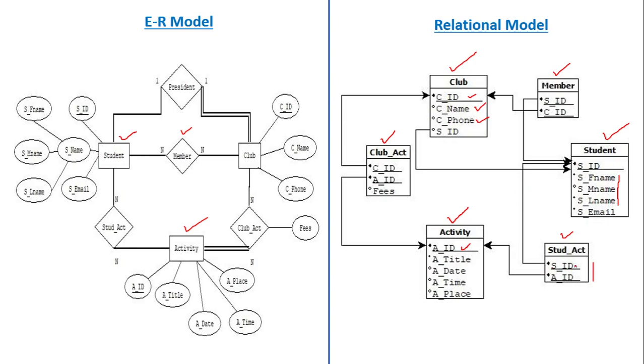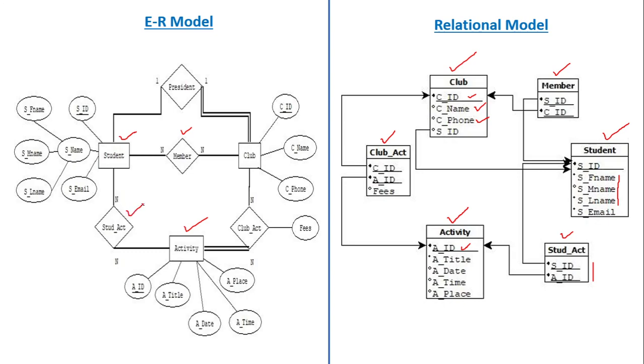This says that this SID is the foreign key and that is borrowed from the student table. Similarly, AID in the stud act relation is the foreign key and that is borrowed from the activity relation. So we are having this link directing from AID of stud act to AID of activity. Okay, now we are done with this stud act.